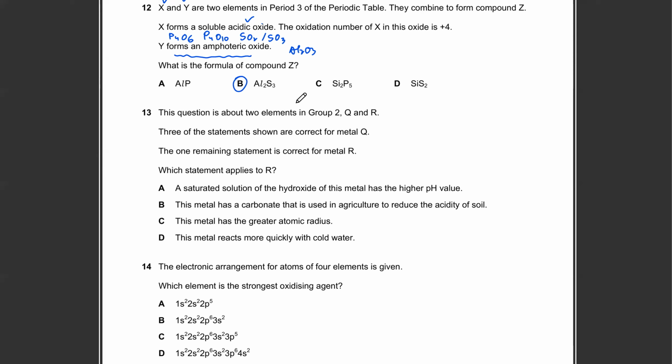Yes. The next one is the question about two elements in group 2, Q and R. Three of the statements shown are correct for metal Q. The one remaining statement is correct for metal R. And it's group 2, right? They didn't really mention anything. So which statement applies to R?